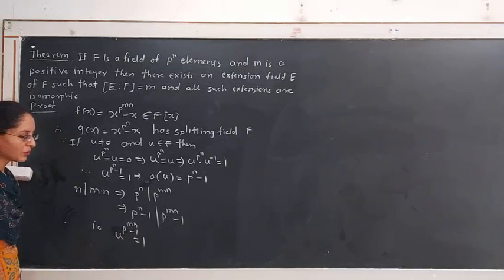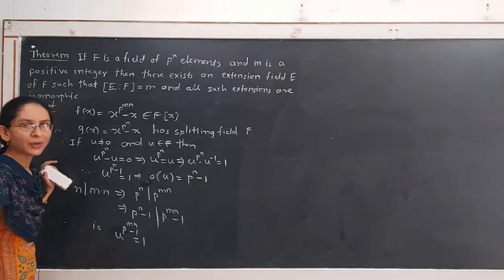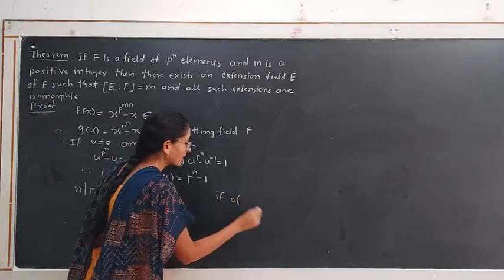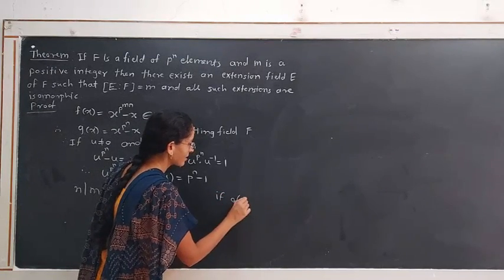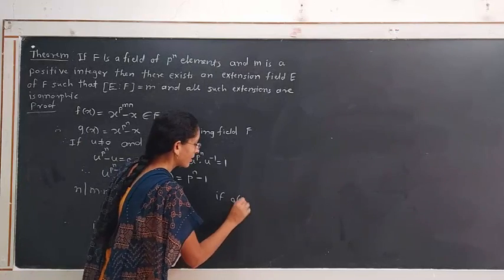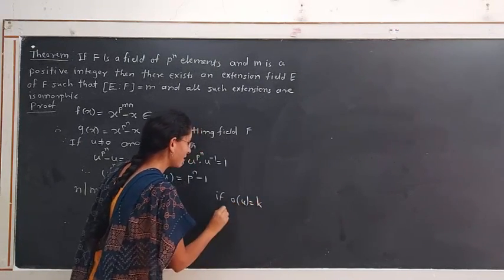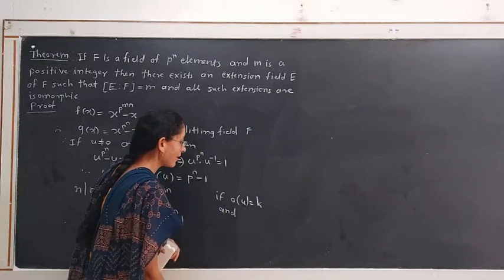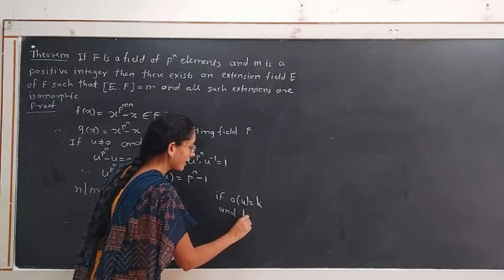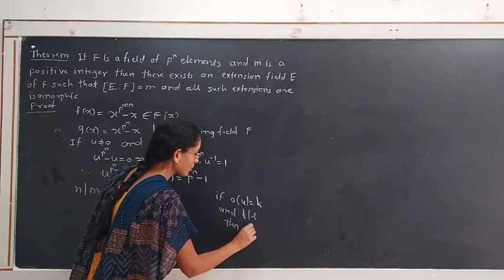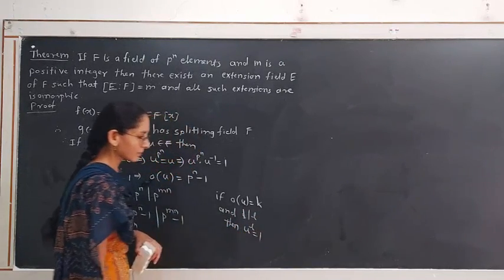Why? Because we know the order of the element, suppose that element u is equal to k, and if we have k divides l, then u raised to l is also 1.